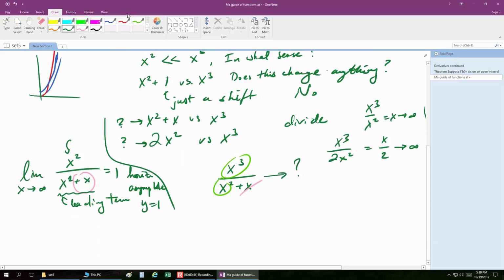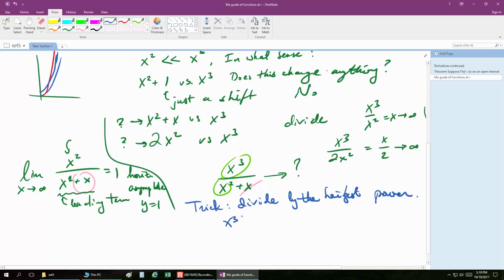So let's do it. The trick is to divide by the highest power, which is x cubed.